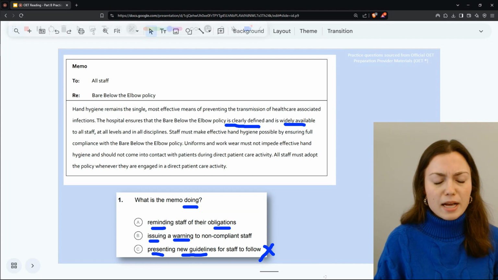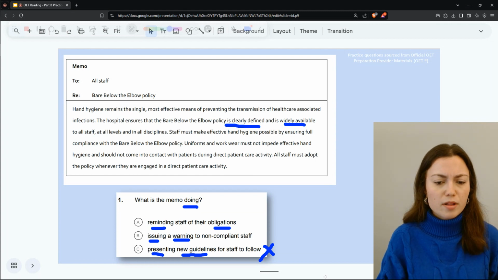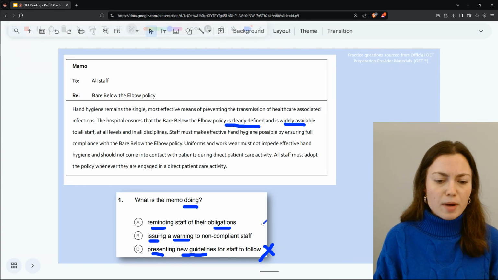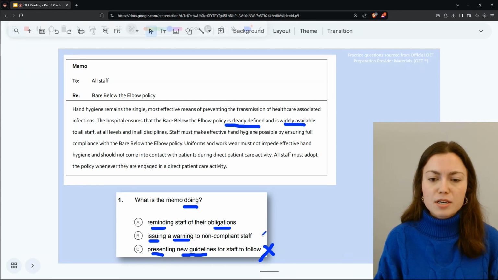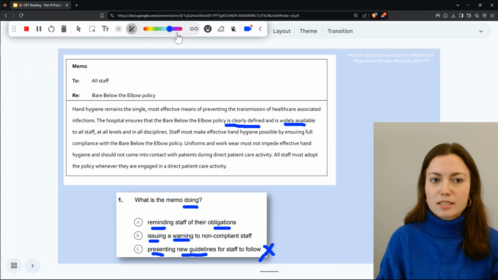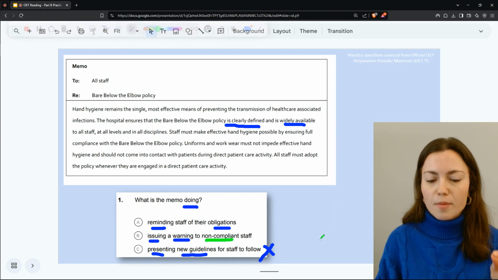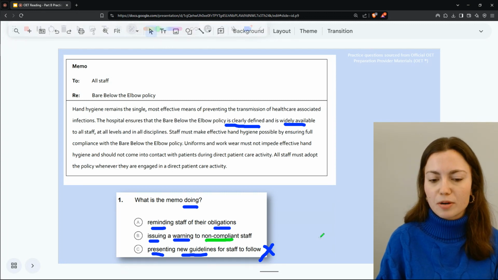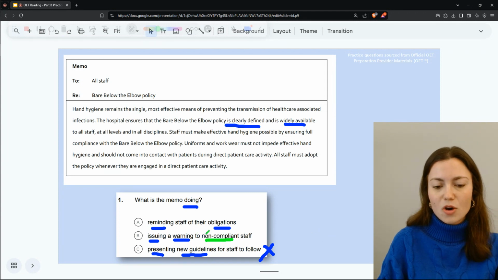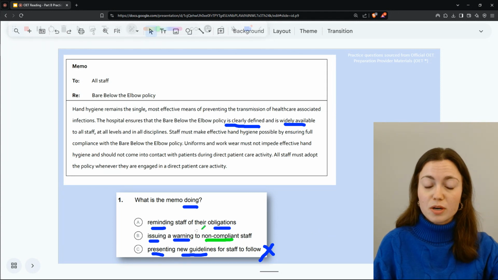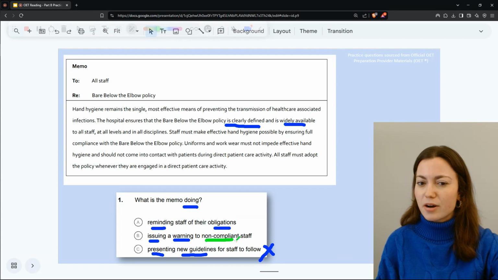Now, let's go back between A and B. So this is tricky here. We have reminding staff of their obligations, issuing a warning to non-compliant staff. And I'll just change the color here. This is a common thing that happens with part B: you'll have an option where part of it might be true, but part of it may not be true.